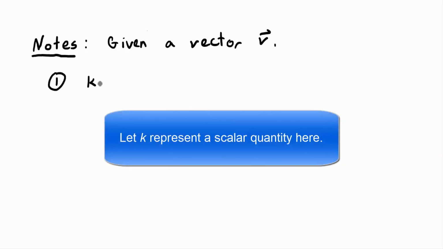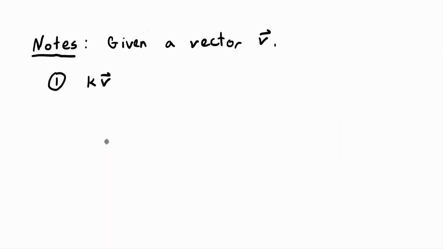Let's suppose you're given a vector V. Then, note number one, what does K times V look like? K times V is a vector that is, well, we have to be careful here because we don't know if K is negative or positive, do we?